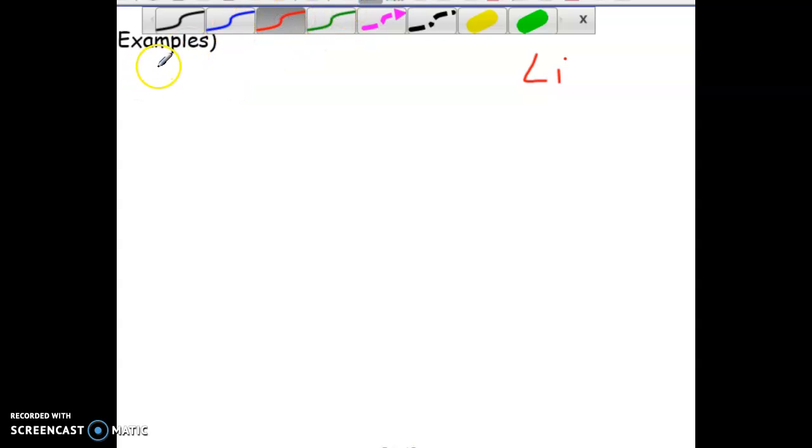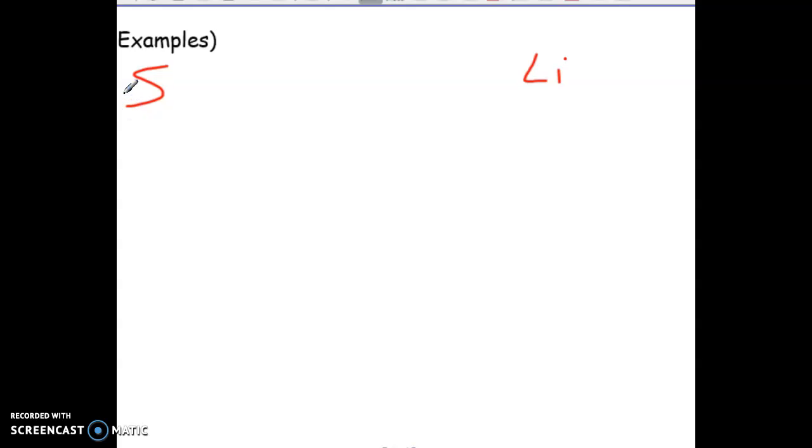All right. So no matter what, before we start drawing, we're going to do our P, E, N numbers. Let's take a look at that periodic table again.